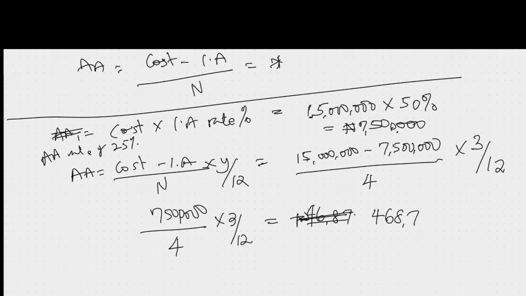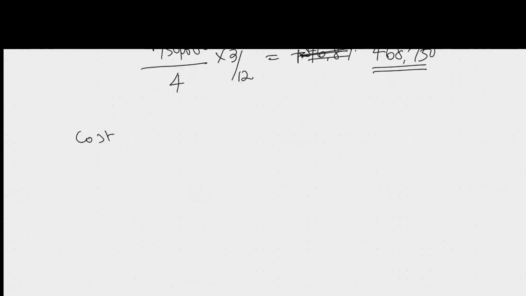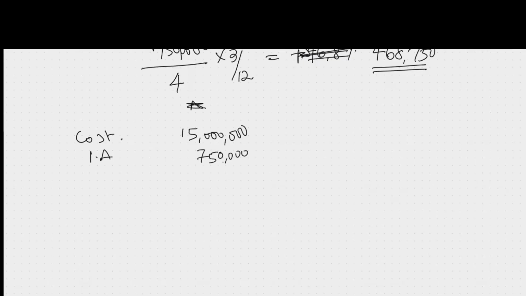So let's go to our table. In my table, I have cost 15 million, initial allowance 7.5, annual allowance 468,750.